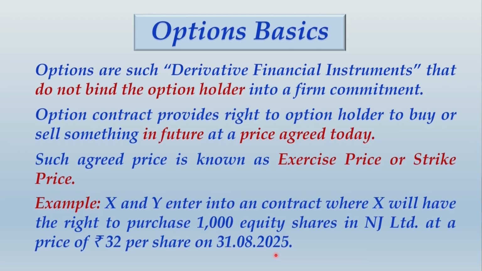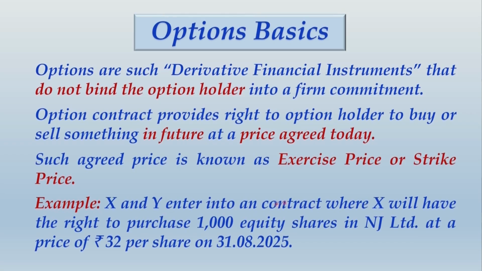So, from now, roughly in 1.5 months time, this contract will be due for settlement, correct? So, if this contract is going to be due for settlement in 1.5 months time from now, the choice is with the holder of the option, that is X. So, X is the holder of the option, Y is the writer of the option.